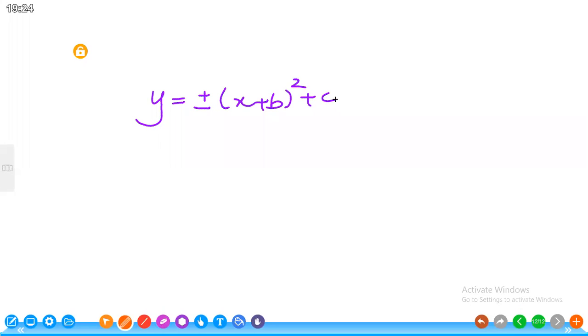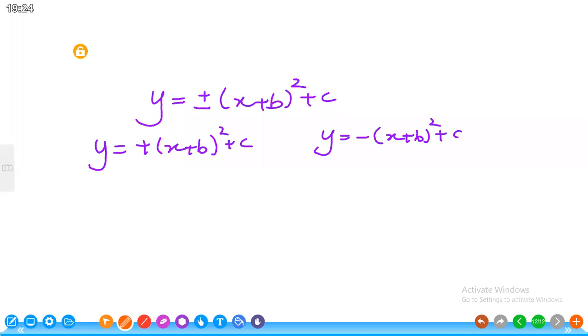Okay. When the equation of the graph is positive (x plus b) all squared plus c, or negative (x plus b) all squared plus c, right? Here the coefficient of x squared is positive in this format, and negative in that format. Here the characteristics are, you already know the nature of the graph.